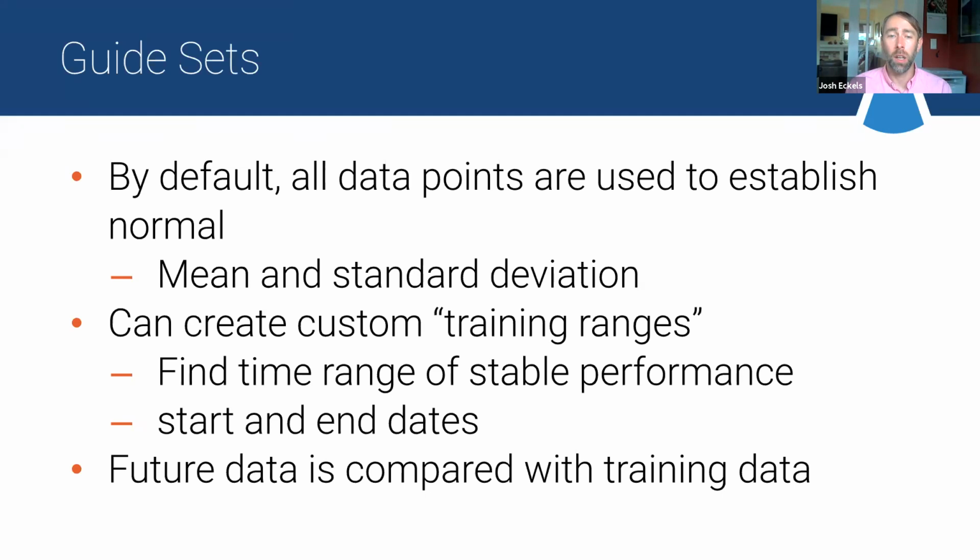I want to lock in what that performance is at the moment so that as my peak areas drift down, they don't start pulling my mean down as well. So we can look at our data, find a time period of stable performance, and then say, use these data points, please. Of course, we want to have a significant number of points here. We don't want to do it off of 2 or 3 points. Our standard deviation will be pretty much nonsensical if we do. But then we can use that training range to score and evaluate outliers going forward.